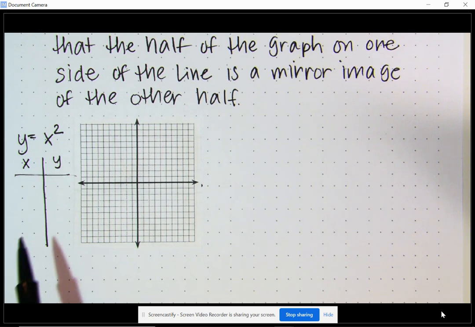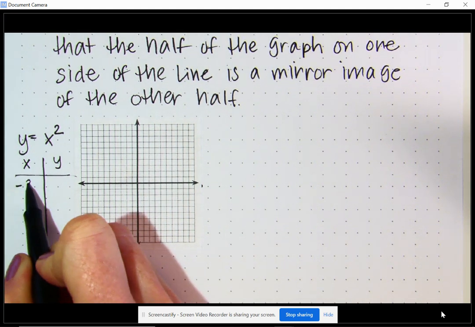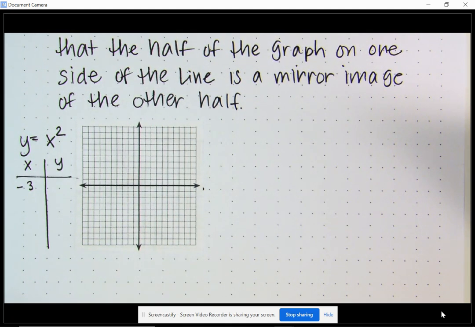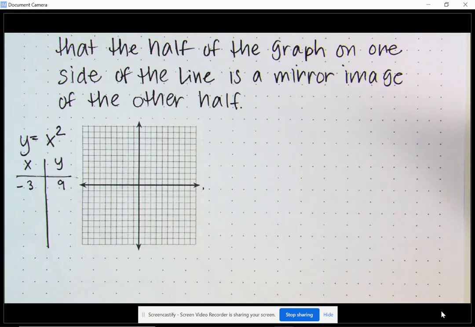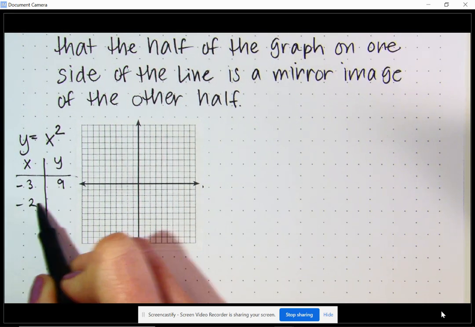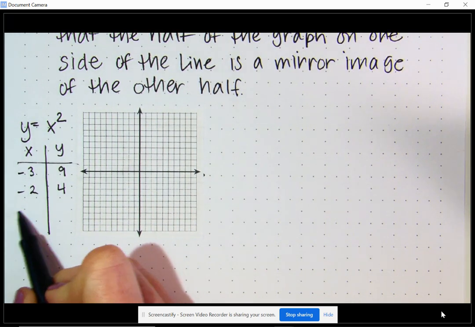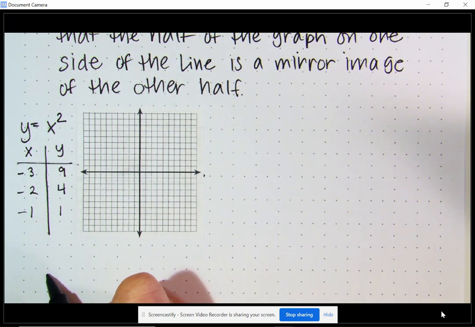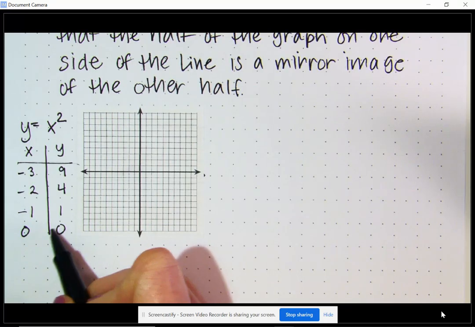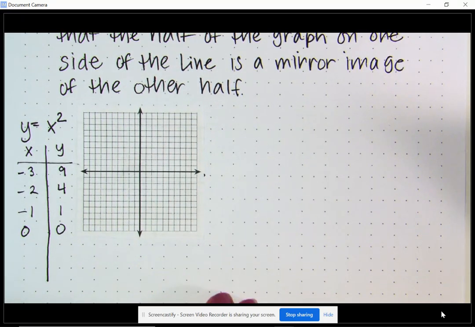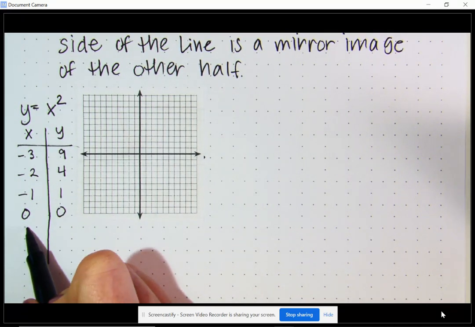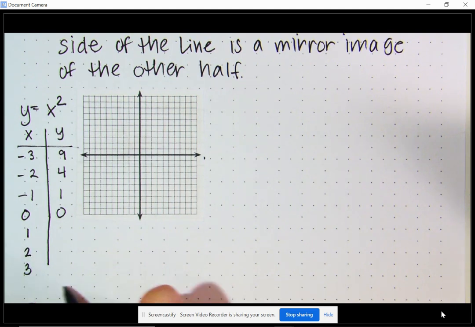So we're going to start: if x is -3, y is 9. If x is -2, y would be 4. If x was -1, y would be 1; 0, 0. And we're going to continue down with +1, +2, +3.